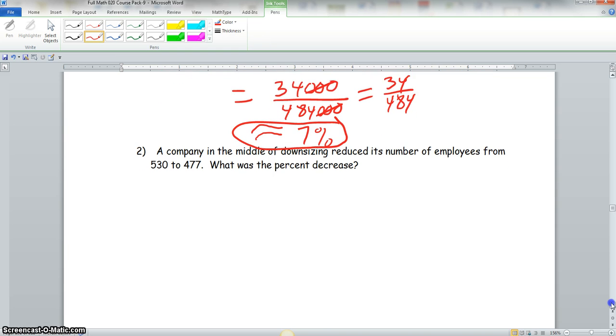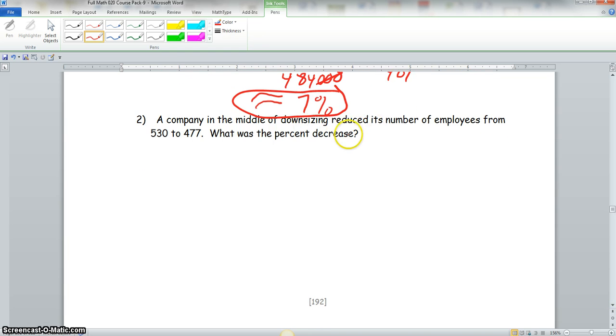Now we have number 2. A company in the middle of downsizing reduces number of employees from 530 to 477. What was the percent of decrease? So I put POD, which is percent of decrease. We take the larger number minus the smaller number divided by the original number.